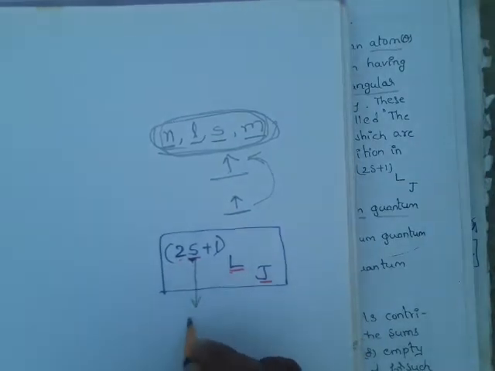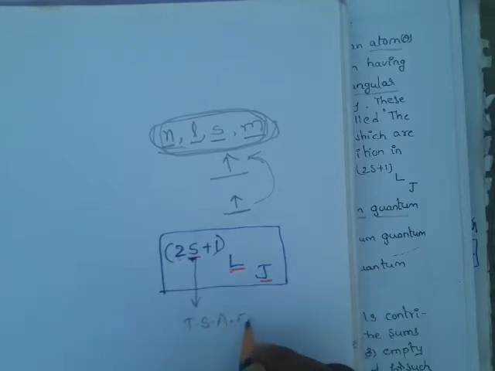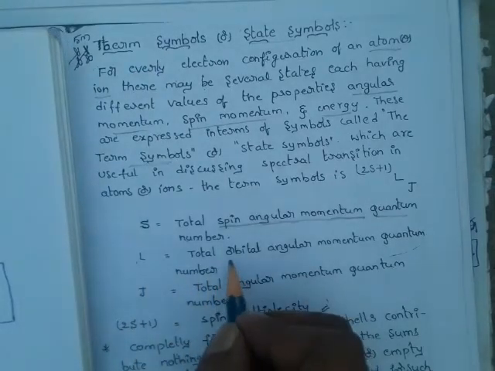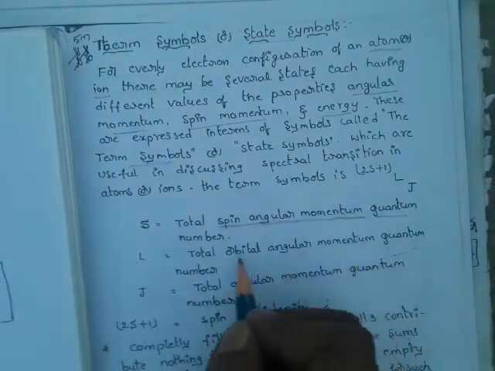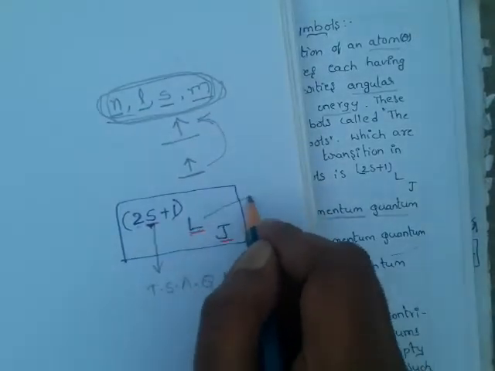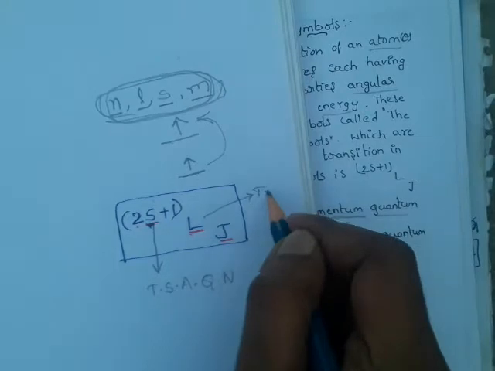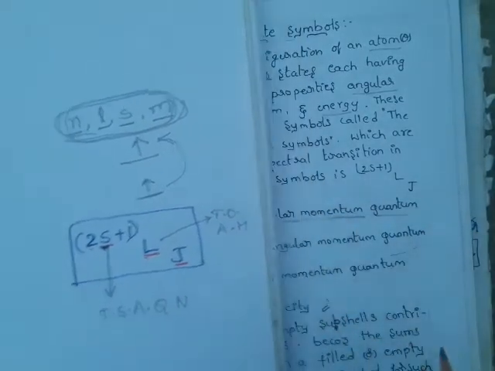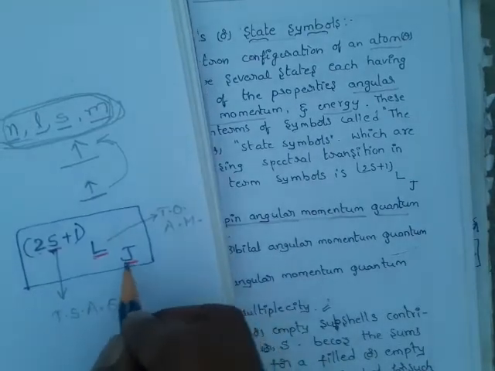What is L here? L is the total orbital angular momentum quantum number.